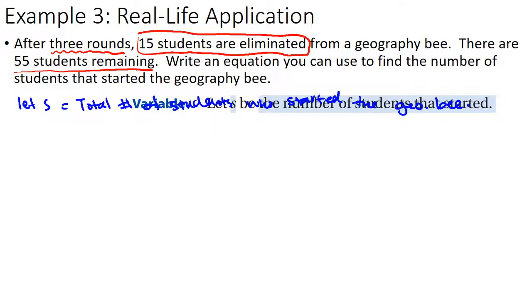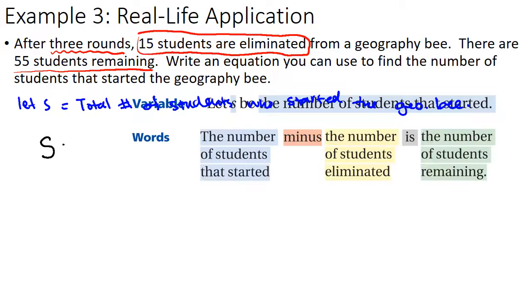Okay? Now that we've done that, we can set up our equation. And again, there's 3 different ways of thinking about this. We could say that the total number of students should be equal to the 15 students who were eliminated plus the 55 students who were remaining. The other way that we could look at this is we could say that the total number of students who started minus the 15 students who were eliminated should be equal to the 55 students who are remaining.